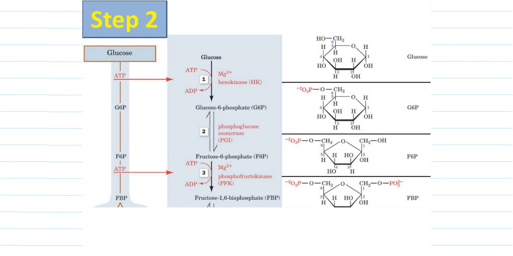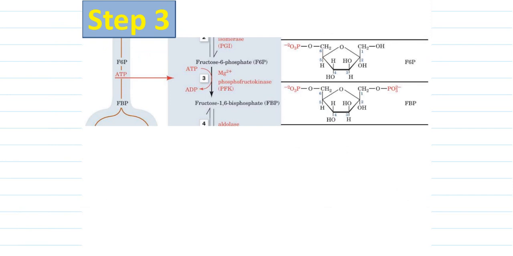So phosphofructokinase is the rate limiting enzyme of glycolysis. We have obtained fructose 1,6 bisphosphate, so we have completed step 3 of glycolysis.